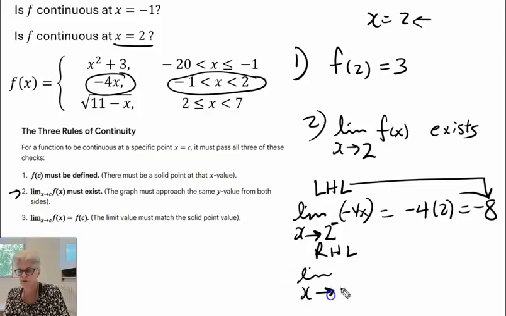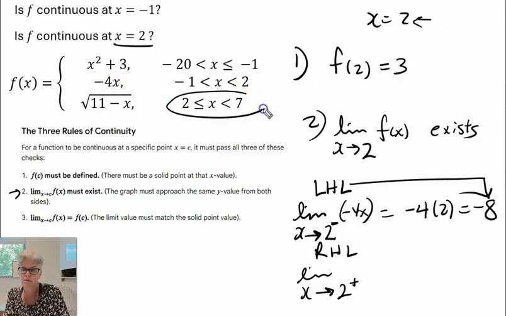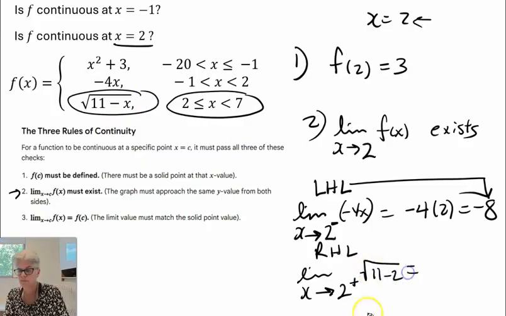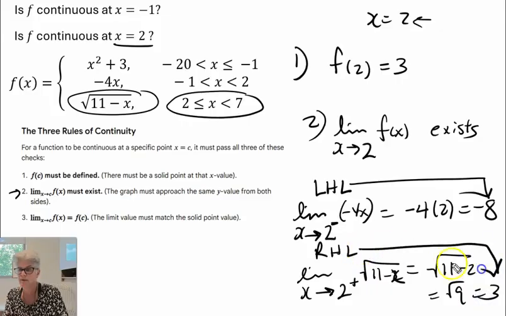As x approaches 2 from the right, so from numbers that are a bit bigger than 2, then x is going to live in there, because my x values are numbers that are to the right of 2 on the number line. And so that's the formula that we will use. And if I plug, sorry, there's an x there, not a 2. So now if I plug 2 in for x, I get the answer 3. Now we have a problem here.